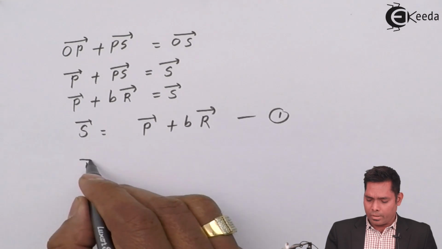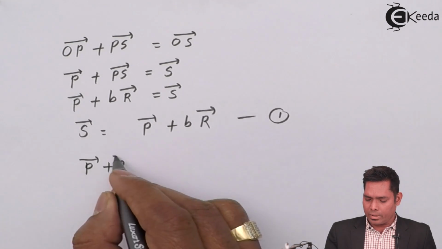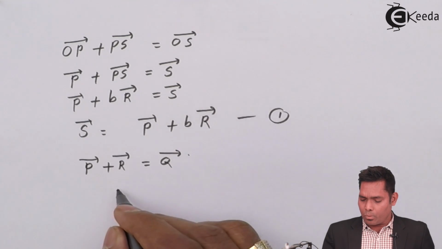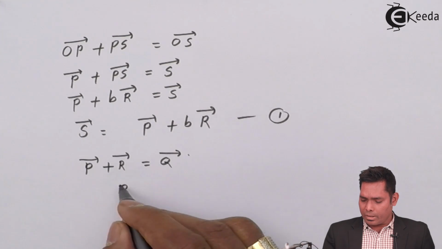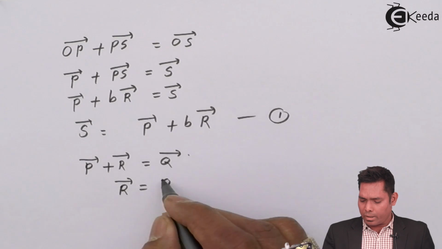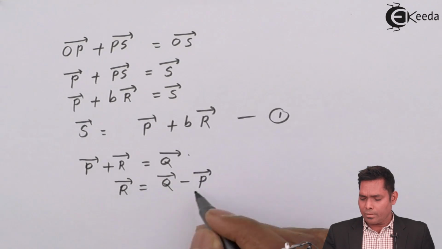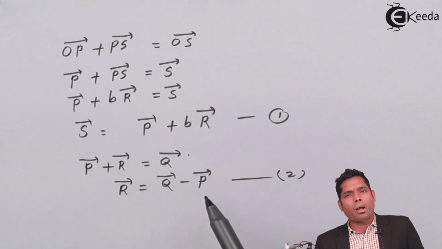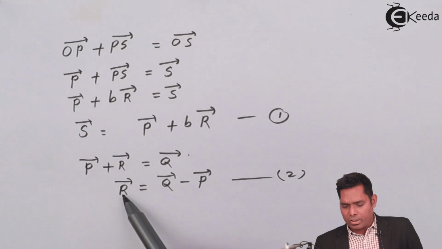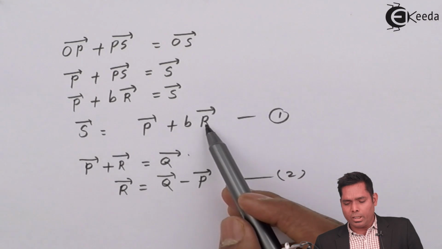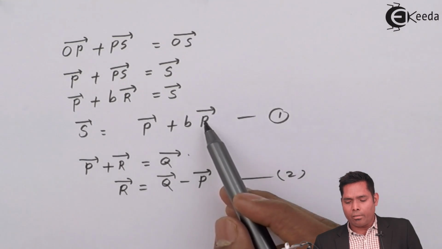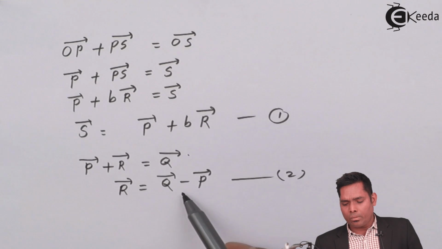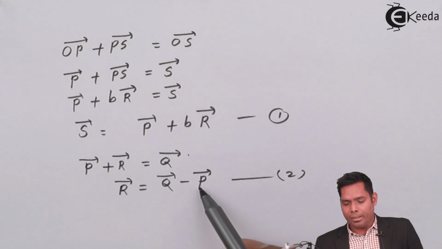Therefore the R vector is the Q vector minus the P vector. This is equation number 2. If I substitute this R vector as Q minus P over here, then I will have the relation, because I am eliminating R in terms of Q and P.